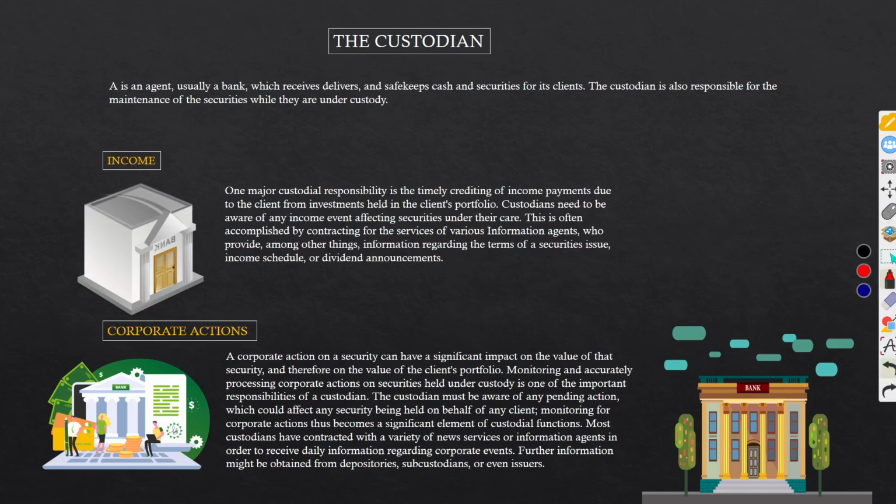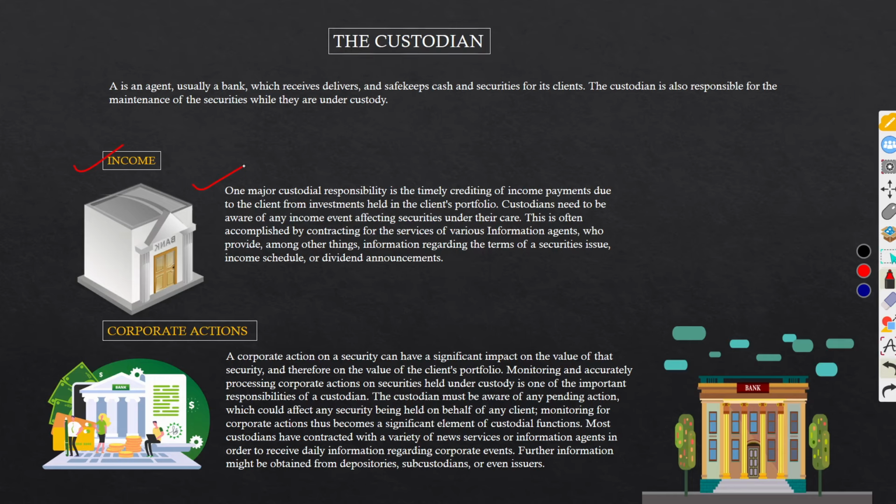If I talk about the other function, income, as we know, one major custodial responsibility is the timely crediting of income payments due to the client from investments held in the client's portfolio. The custodian needs to be aware of any income event affecting securities under their care, and this is often accomplished by contracting for the services of various information agents who provide, among other things, information regarding the terms of securities issues, income schedules, or dividend announcements.